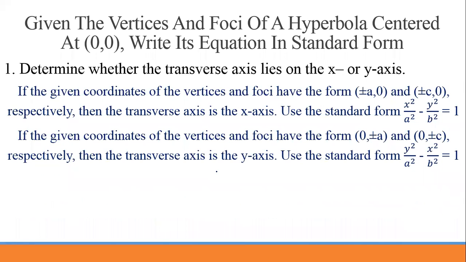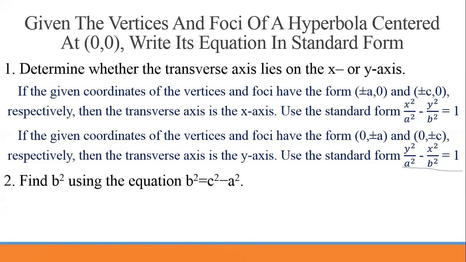And if the given coordinates of the vertices and foci have the form 0, plus and minus a and 0, plus and minus c respectively, then the transverse axis is the y-axis. So this is the standard form that we are going to use: y squared over a squared minus x squared over b squared equals 1.